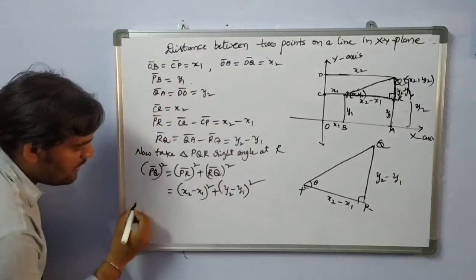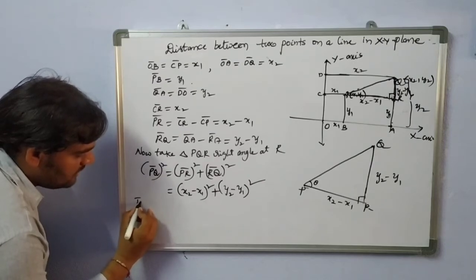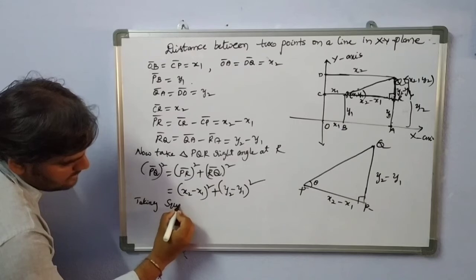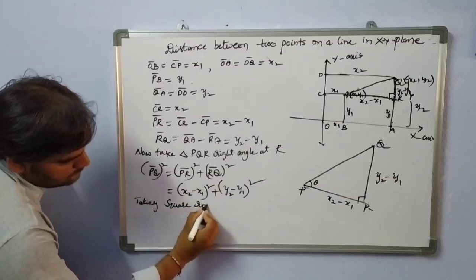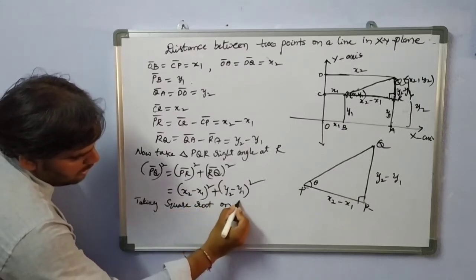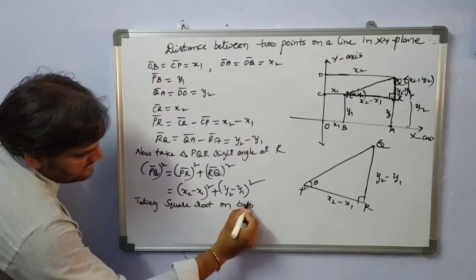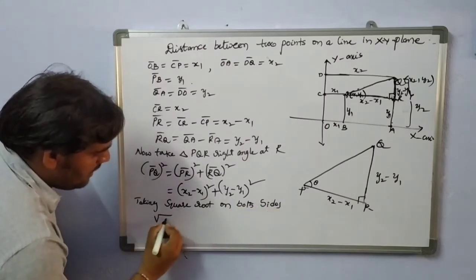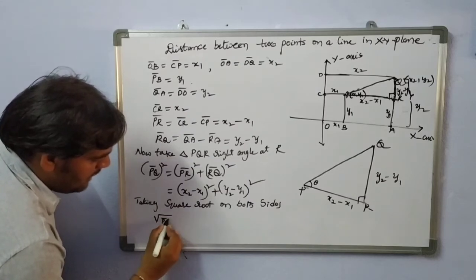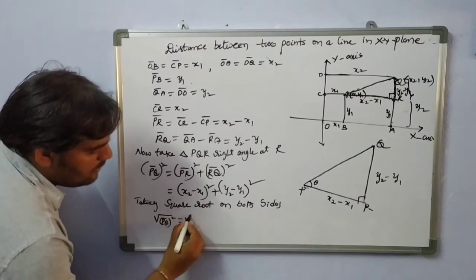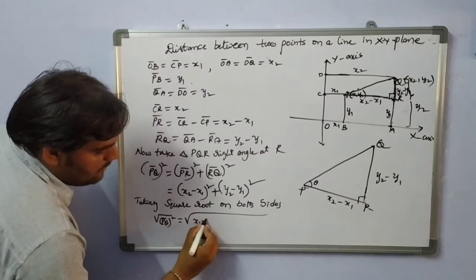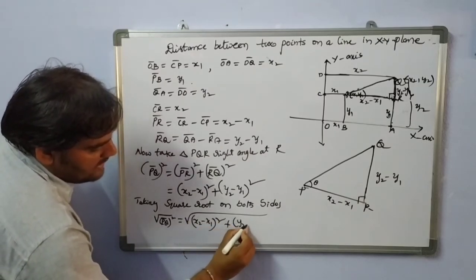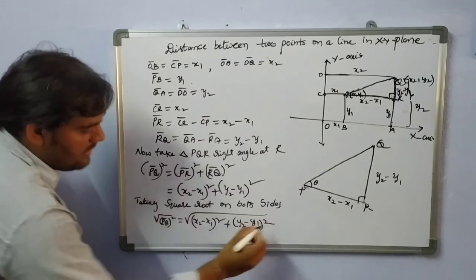Next, taking square root on both sides. At that time we will get square root of PQ bar whole square is equal to square root of x2 minus x1 whole square plus y2 minus y1 whole square.